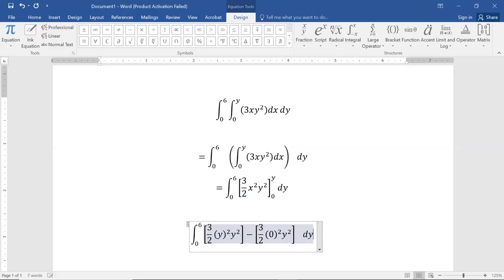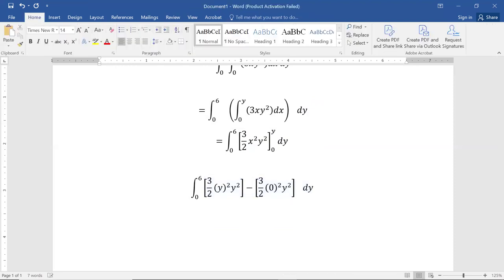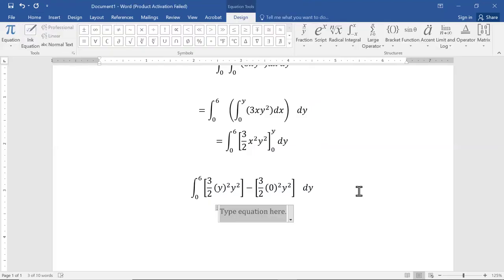And I'm going to integrate that eventually with respect to y. When I plug in y and I plug in 0, that's what I get. Now, this first part becomes 3/2 y to the 4th. This second part just becomes 0.